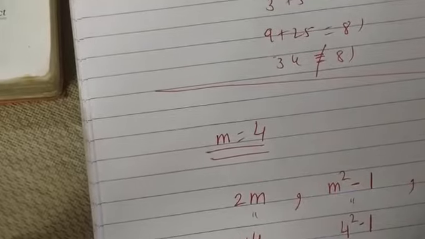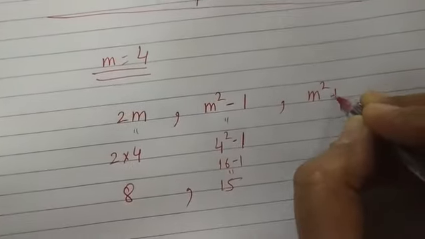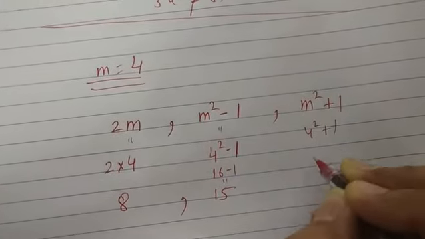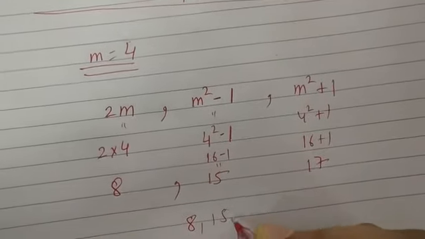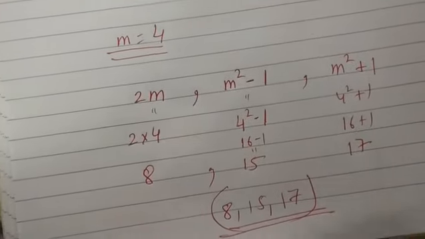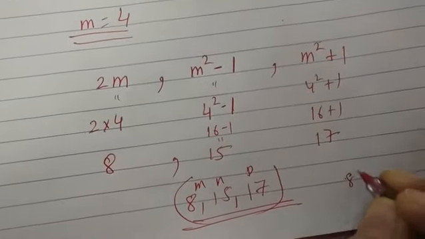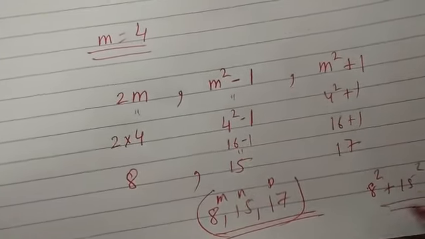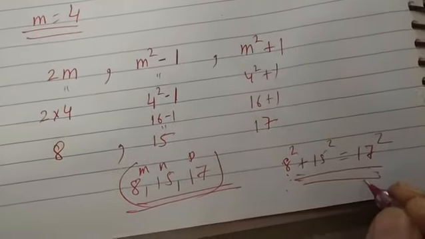Now the third number will be m square plus 1. So m square plus 1 means 4 square plus 1, that is 16 plus 1, that is 17. So 8, 15 and 17. These numbers will form a Pythagorean triplet. So these numbers will be m, n and p. If you want to check, you can check it also. 8 square plus 15 square will be equal to 17 square. Write down the squares of these numbers and both sides will be equal.